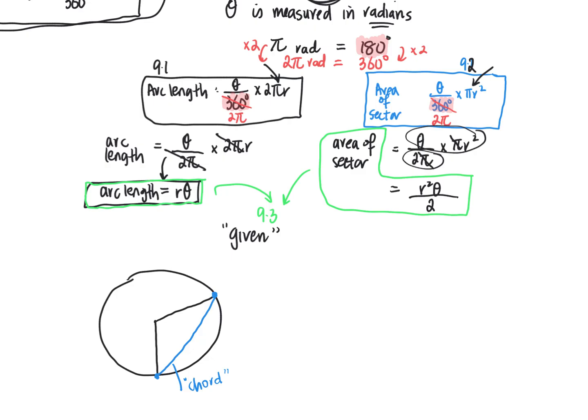Not your musical chord, but rather the chord that divides the circle into 2 segments. So this divides the circle into a small segment here called the minor segment, the blue part.